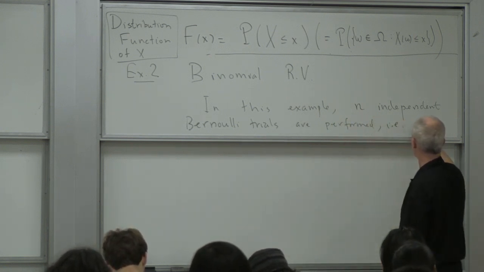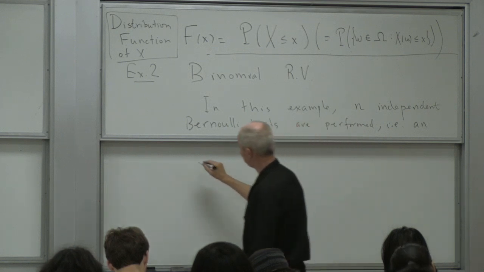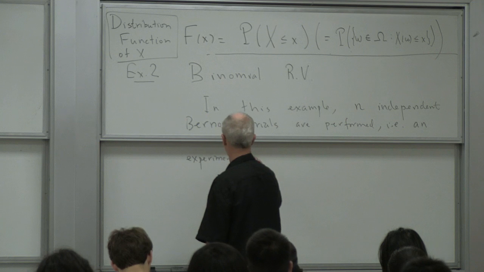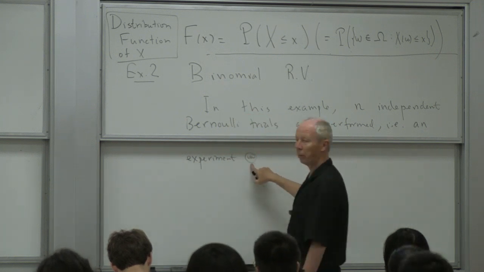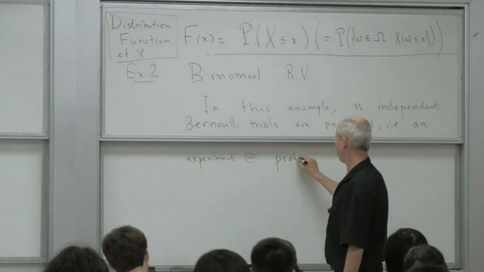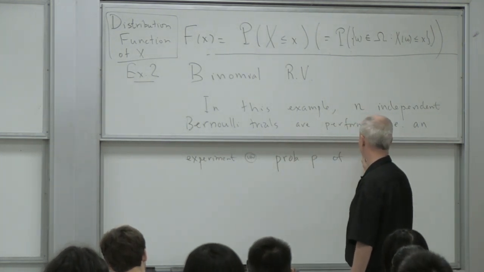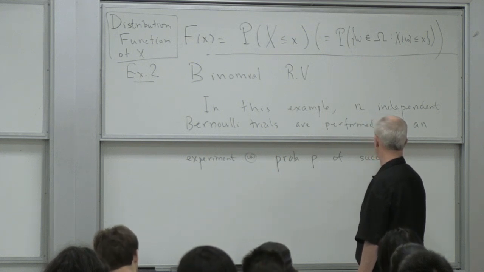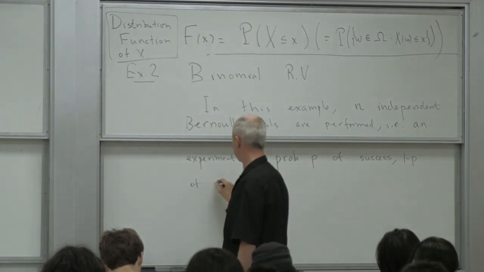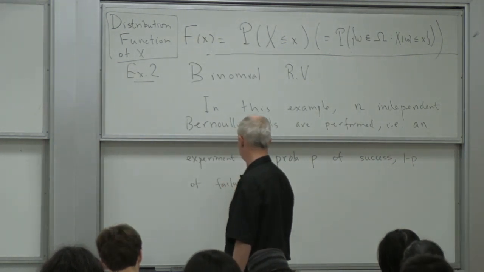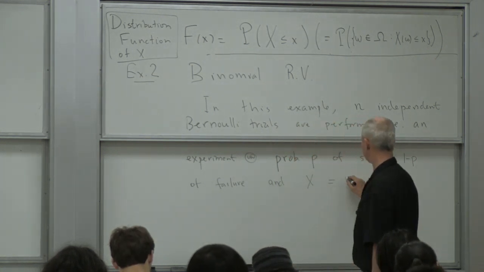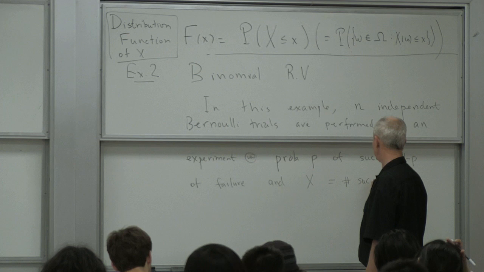I.e., an experiment with, everybody know what this means, probability p of success, 1 minus p of failure, and X is the number of successes in n trials.